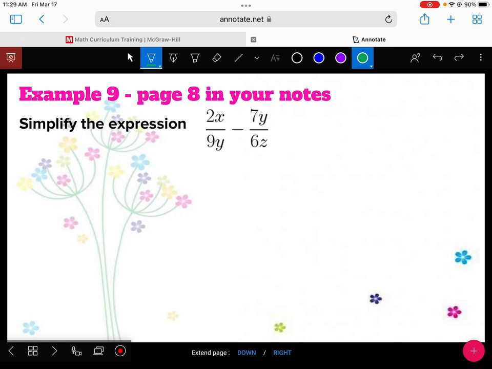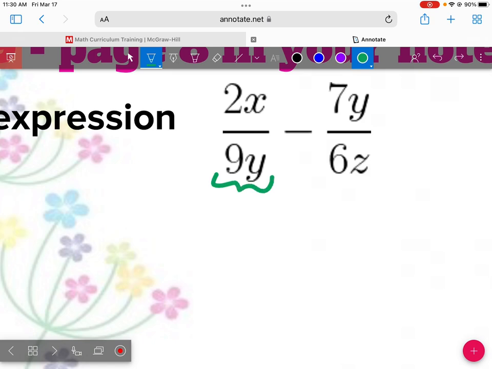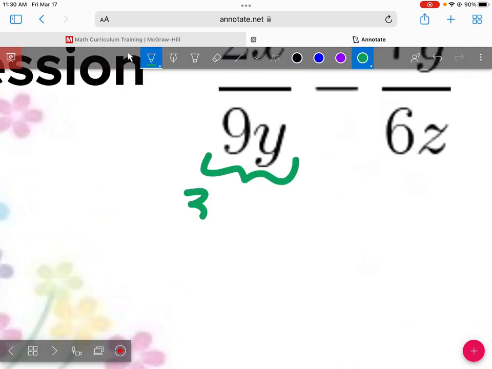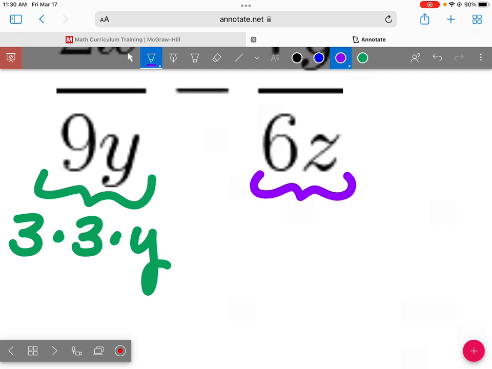Do 9y and 6z have any factors in common? Is there anything that goes into both of them? 3. If I write 9y down in its factored form, that would be 3 times 3 times y, right? How can I write 6z in its factored form? 3 times 2 times z.